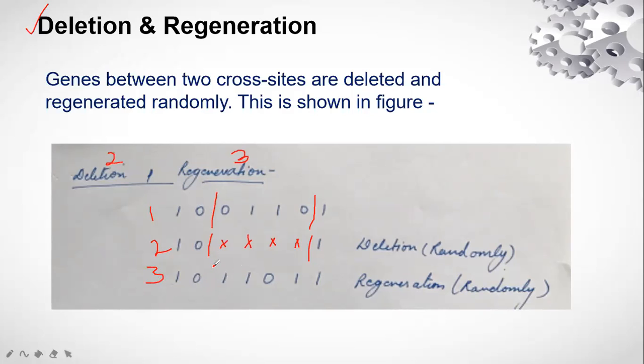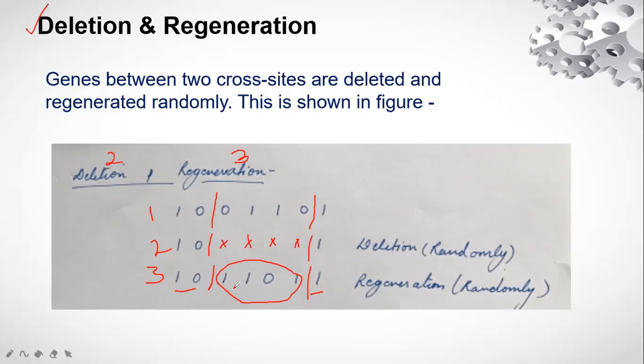It is completely up to you what bits you are going to regenerate. So 1 0 same as the earlier one, 1 same as the earlier one, right? The only difference is I'm going to regenerate the bits which fall in between the two cross sites which were earlier deleted.